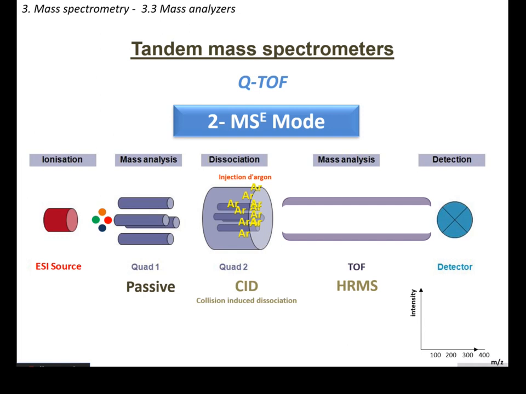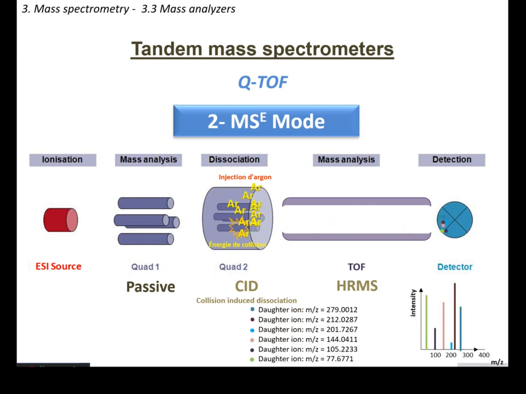And then in the second part of the cycle, the collision cell will be active and will dissociate all these ions, and you will have all the daughters of all these ions. And so you alternate MS and MS2 mode, and you have a chromatogram of the parents and a chromatogram of the daughters. The only problem is to be able to associate correctly the daughters to the correct parent.